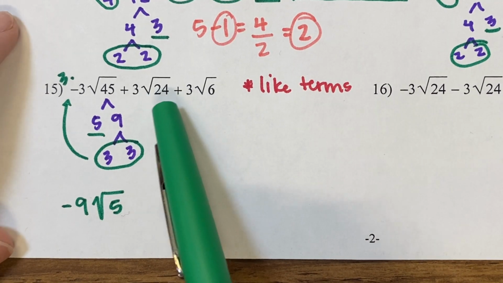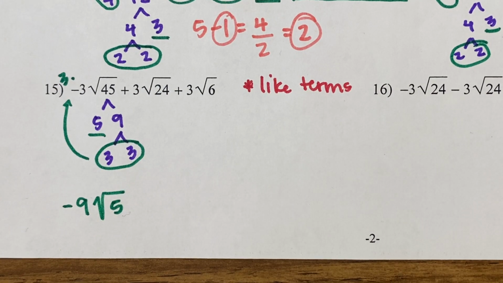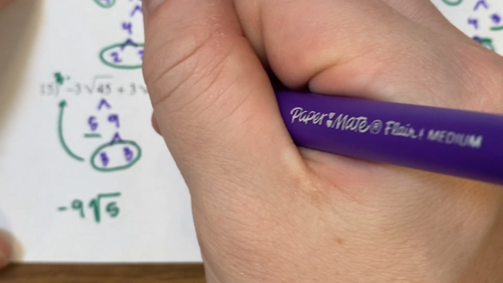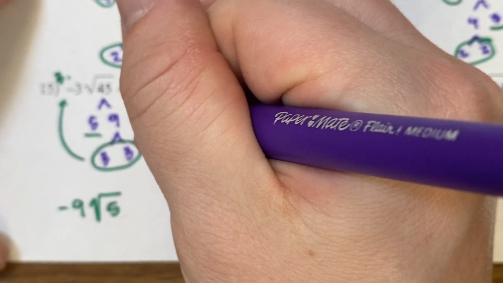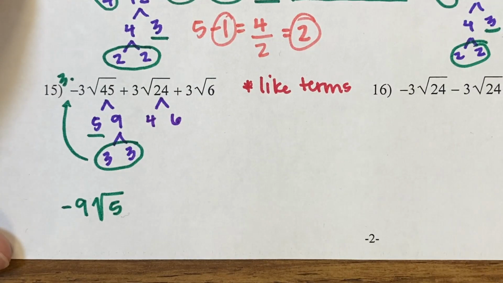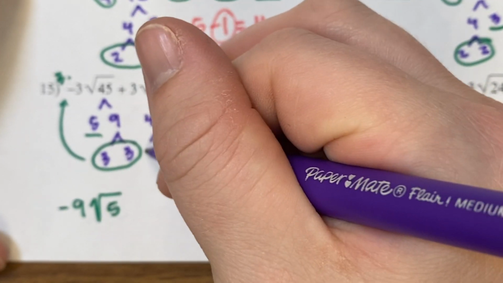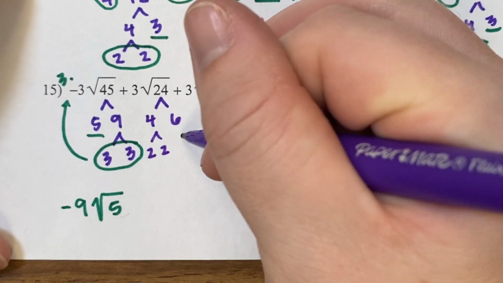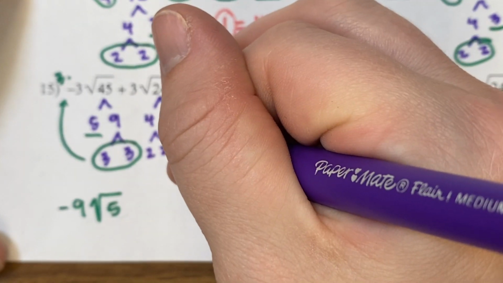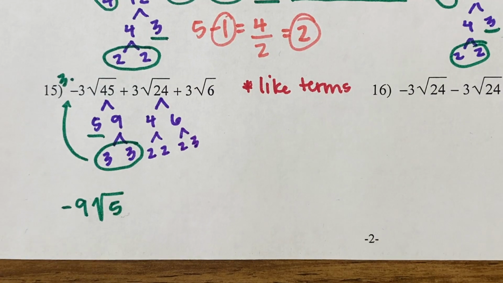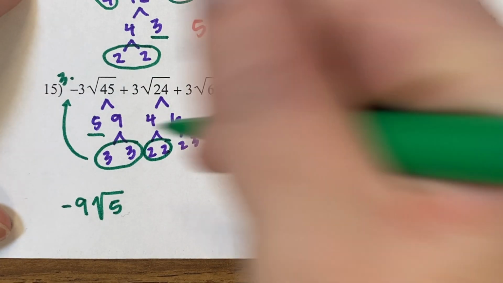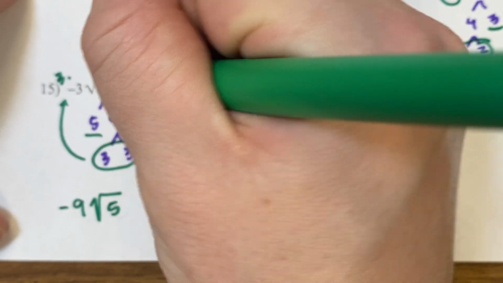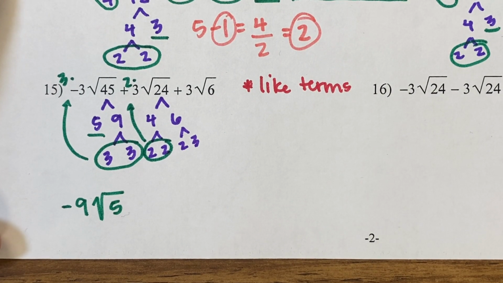Okay, let's see if we can simplify 24. Okay, so 24, I can simplify to, let's see, 4 and 6. 4 can be broken down to 2 and 2. 6 can be broken down to 2 and 3. Okay, but only one couple of those 2s can come out and multiply by the 3 that was in front.